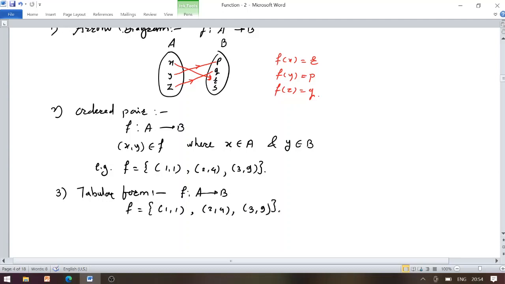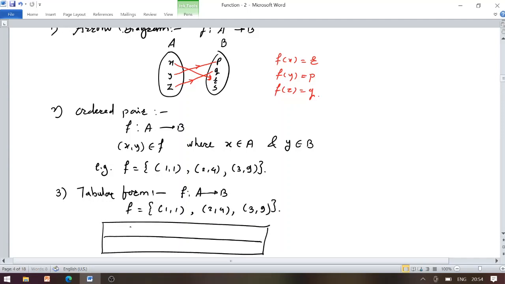To represent it as a table, we have two rows and a number of columns equal to the number of ordered pairs. The first component gives the values of x as per the domain 1, 2, 3, while the second component of each ordered pair is the value of f of x.